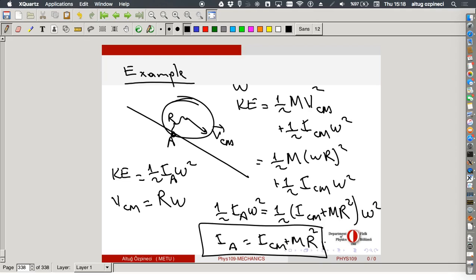Once you tell me what angular velocity is, then I can calculate the kinetic energy without any knowledge about any other facts, like the inclination, like any other force there is. Of course, those forces will affect how angular velocity changes, or what the exact value of angular velocity is. But once I am told what the angular velocity is, then I can calculate the kinetic energy without knowing this inclination or any other forces that cause the object to have this angular velocity.